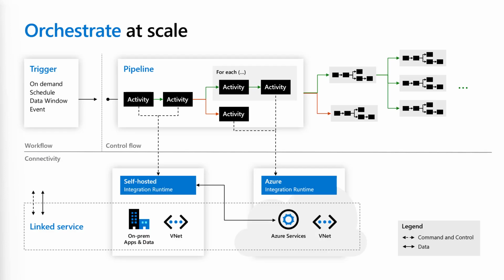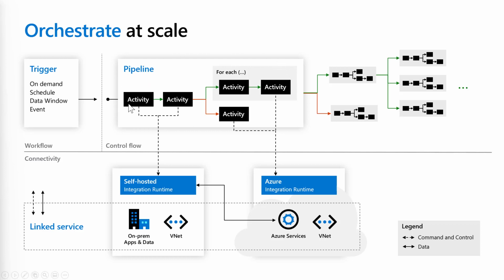So, as I mentioned, Azure Data Factory can orchestrate your entire runs at scale. The orchestration part includes triggers. You can define triggers on demand, on schedule, on data window, or by events. Those triggers can be attached to a pipeline, which is a logical group of activities.